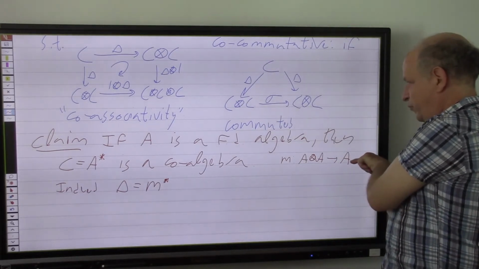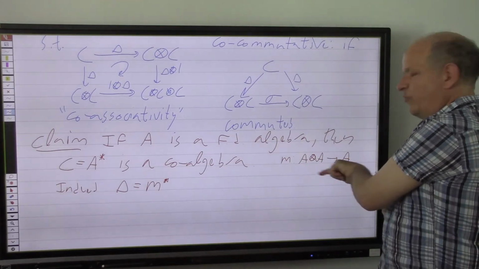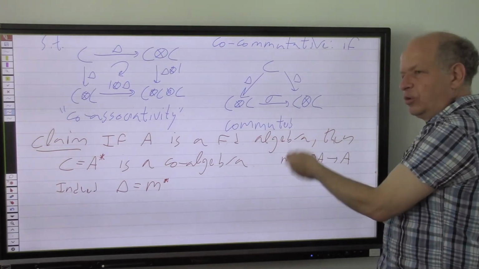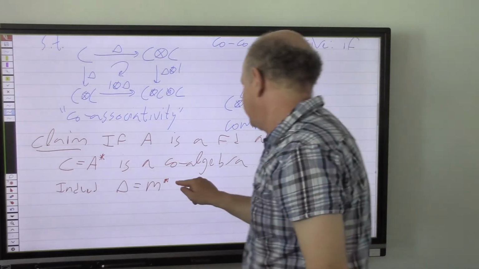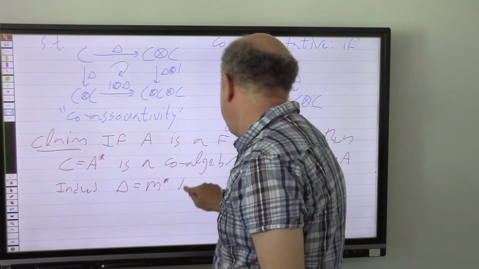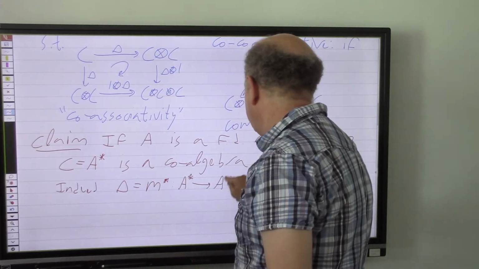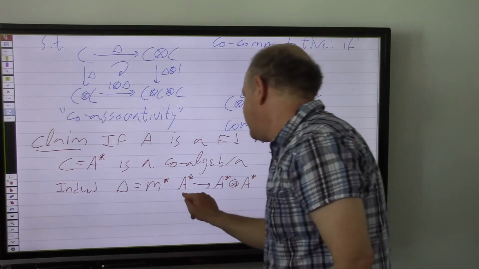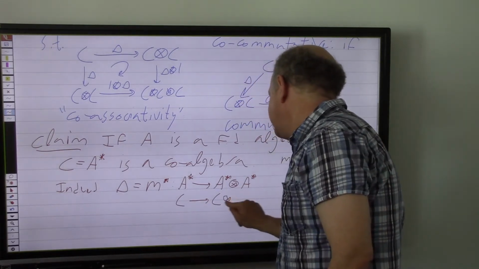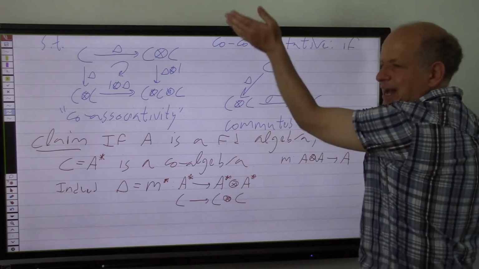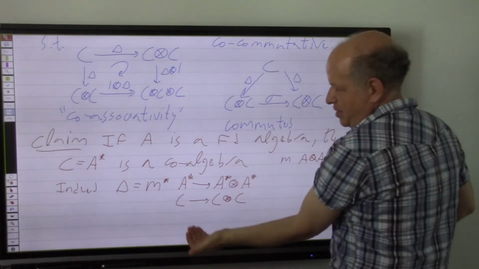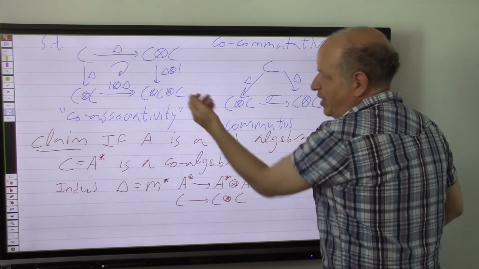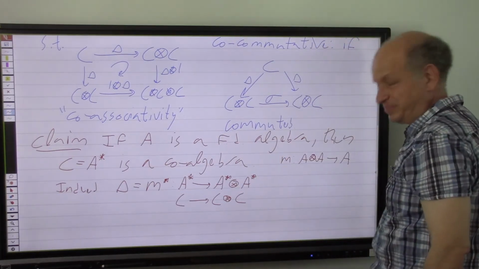So you have an adjoint map going from A star to the dual of A tensor A. In the finite dimensional case, the dual of A tensor A is the dual of A tensor the dual of A. So this will become a map from A dual into A dual tensor A dual, and that's the same as saying that you go from C to C tensor C. And you can check that the algebra axioms, when written in terms of M dual, the transpose, become the co-algebra axioms. Okay.